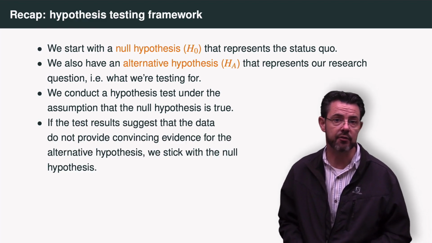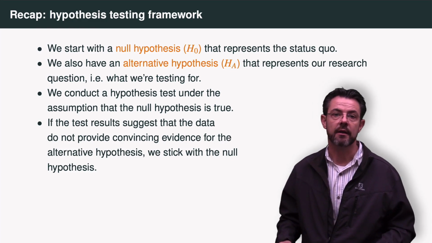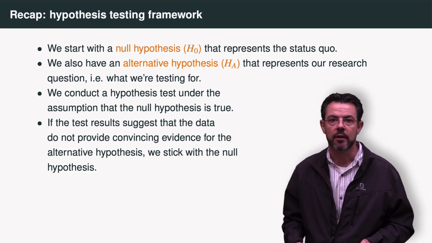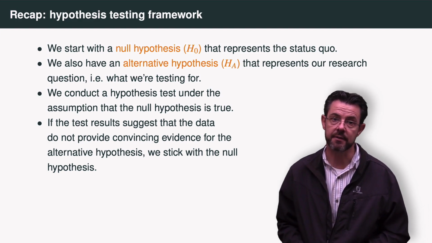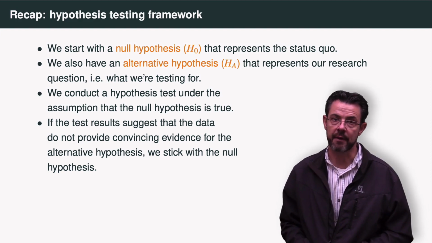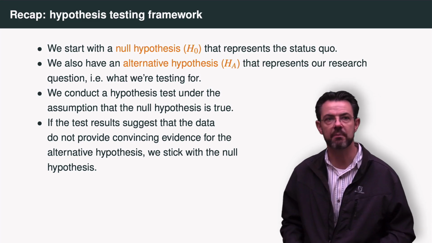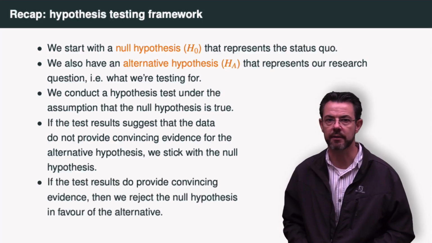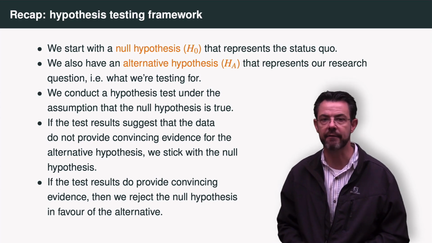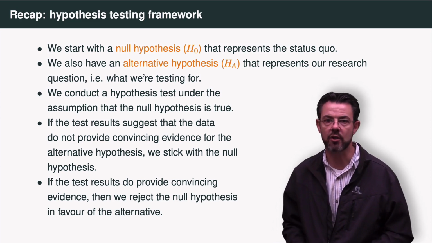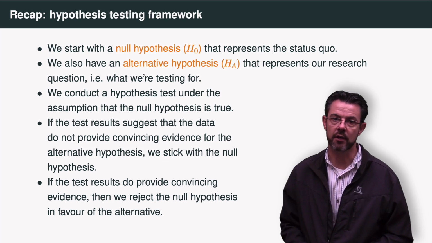If the test results suggest that the data do not provide convincing evidence for the alternative hypothesis, then we just stick with the null hypothesis. We don't accept it, we simply stick with it because we cannot reject it. If the test results, however, do provide convincing evidence, then we reject the null hypothesis in favor of the alternative.